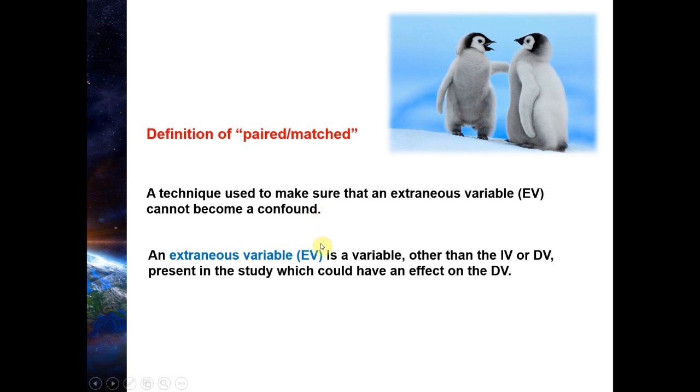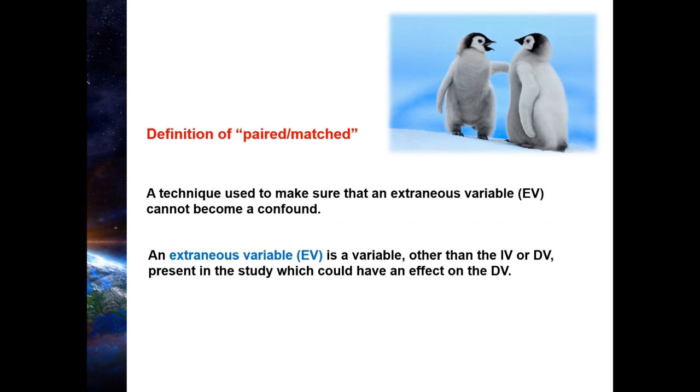If we use pairing or matching, we're using a technique to prevent the extraneous variable from becoming a confound. An extraneous variable is any variable that is present in your experiment or study, and this variable could potentially have an effect on your dependent variable. So an extraneous variable cannot be your independent variable or your dependent variable. It's some other variable.